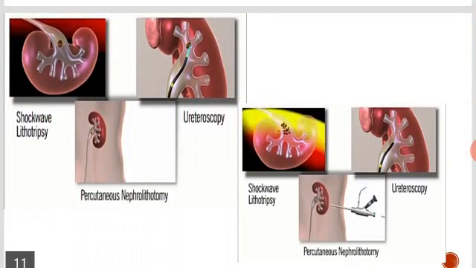And followed by that, percutaneous nephrolithotomy, where a small hole is made at the back and the instrument is inserted into your kidney with the help of X-ray guidance, and that breaks the stone into small pieces, and those small pieces of stones get excreted through urine.